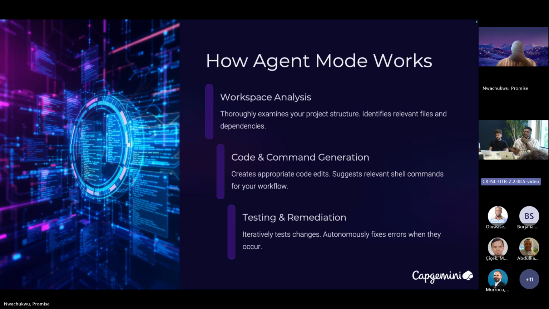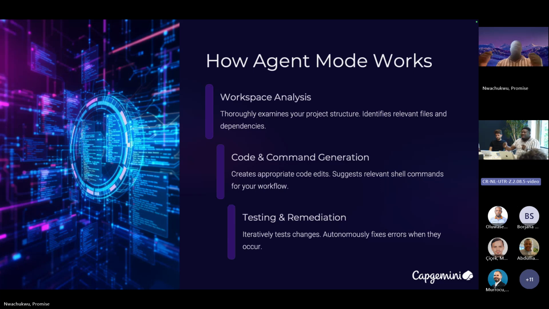The beautiful thing about this is if, in the process of validating, it experiences an error, it tends to go on a loop. A loop in the sense that it takes the error, tries to analyze how to fix it, and provides the next set of code to resolve that error, right?